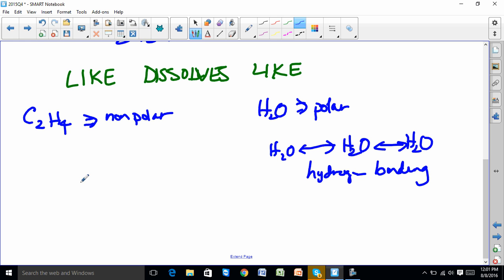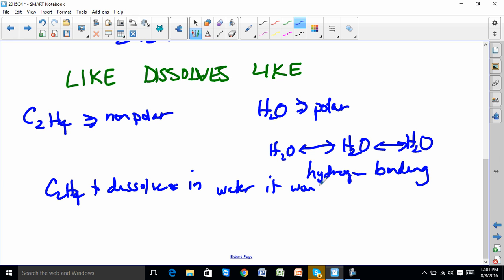And so what happens is, in order for the C2H4 to dissolve in water, it would have to disrupt the hydrogen bonds.